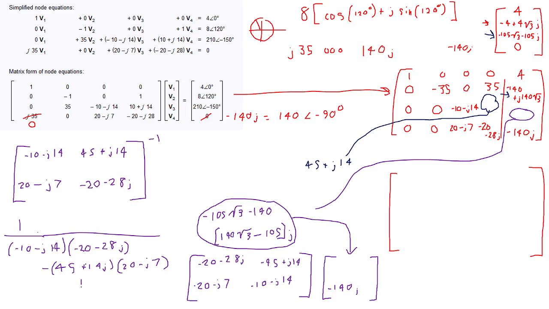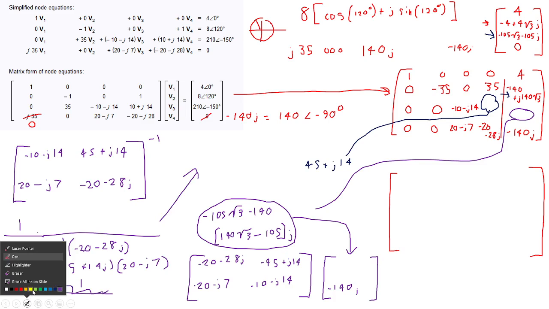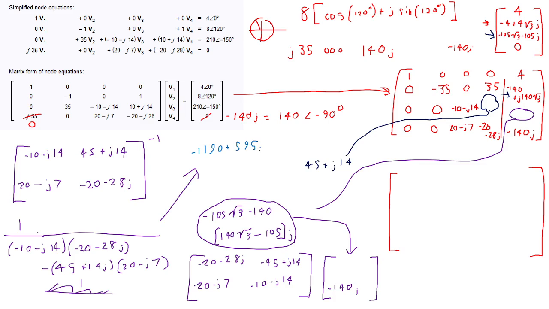Okay, so the denominator, which I'll put in a new color. Uh-oh, the colors are starting to get annoying. So the denominator here is minus 190 plus 595J.